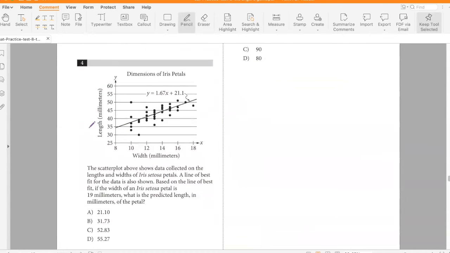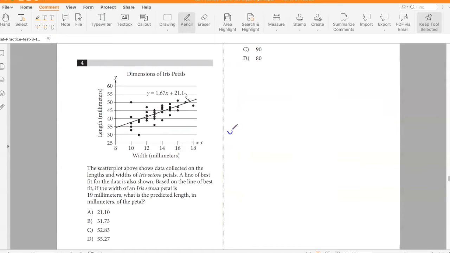The scatter plot above shows data collected on the lengths and widths of iris setosa petals. A line of best fit for the data is also shown. Based on the line of best fit, if the width of an iris setosa petal is 19 millimeters, what is the predicted length in millimeters of the petal?